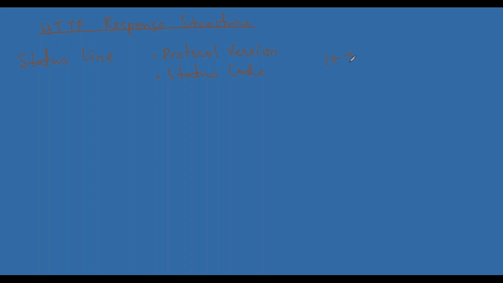Example would be HTTP 1.1 and it will say 200 OK. And then the headers field. This again will have varied content. For example, it could be specifying the date, the server details, like say Apache. What is the content encoding?